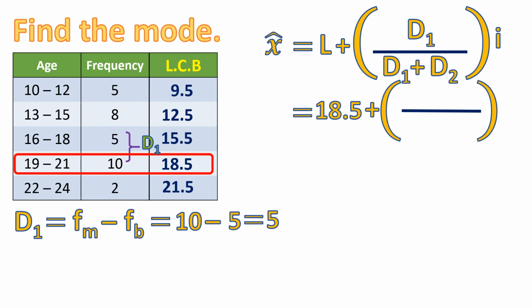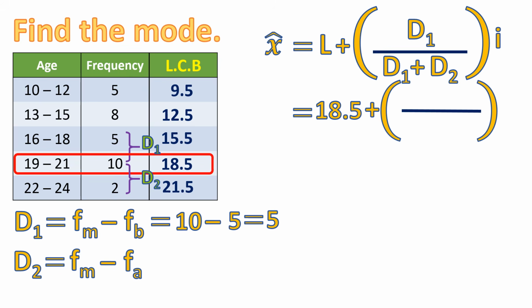Then for D2 or D sub 2, it's equal to the frequency of the modal class, which is still the same 10, minus the frequency after the modal class. So it is the 10 and 2 that you are going to find the difference. The same way, if the given is from bottom to top, then the frequency after is on top of the modal class.